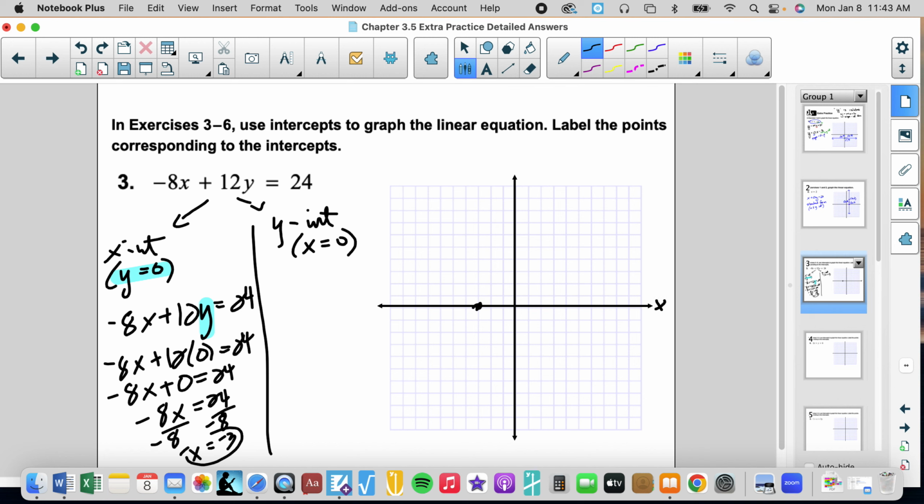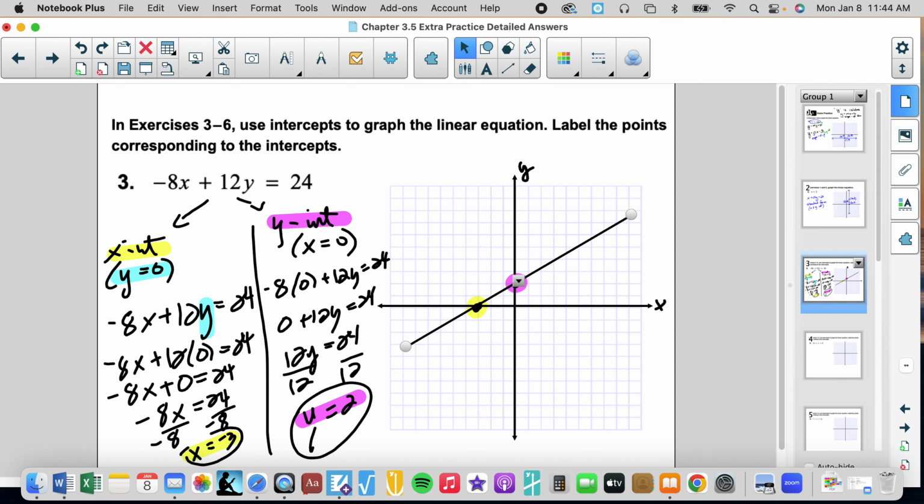Once I have 2 points, I can graph the line. That's going to go right there and there.